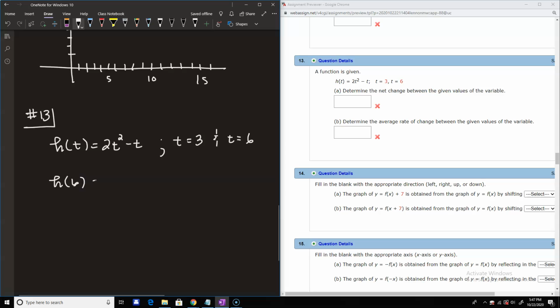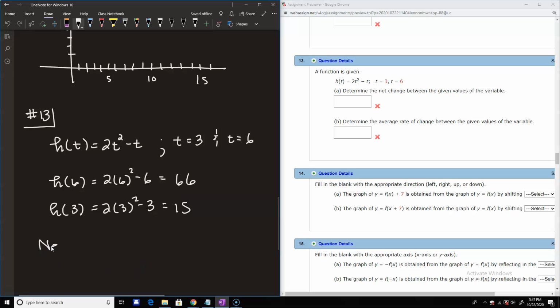So h of 6 is going to be 2 times 6 squared minus 6, which is going to be 66. And h of 3 would be 2 times 3 squared minus 3, which is going to be 15, right? You're going to have 72 minus 6, which is 66, and 18 minus 3, which is 15.